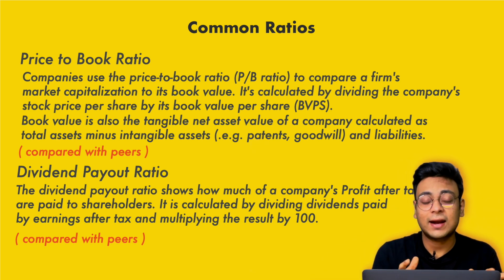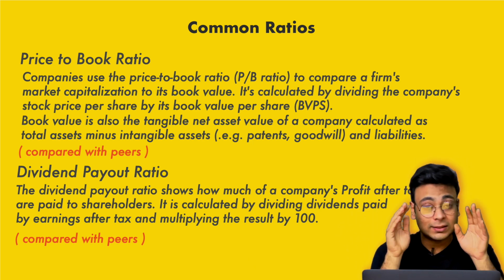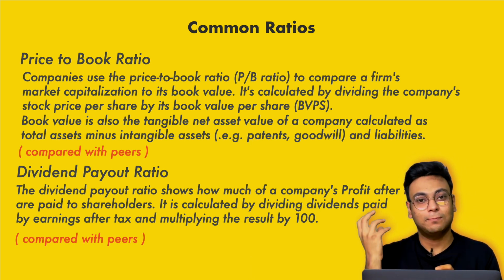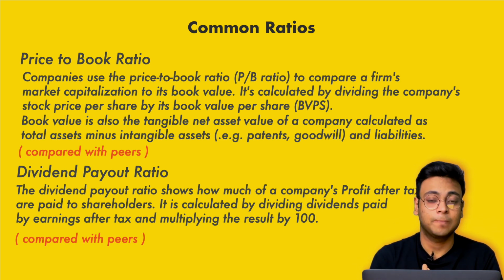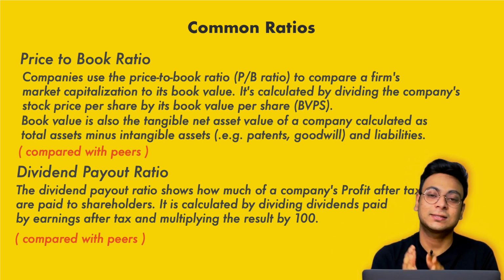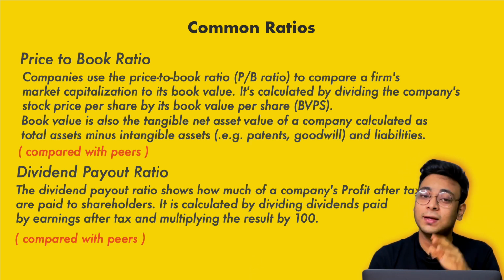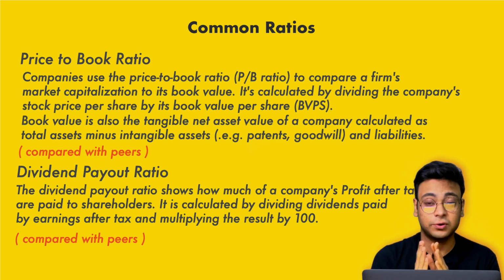So we compare that and find out if the company is overvalued or undervalued. This ratio is mostly used to look at banking stocks and NBFC stocks because this is where this ratio shines the most. We'll come to banking stock analysis in another video, but this ratio plays a very big role in that sector.